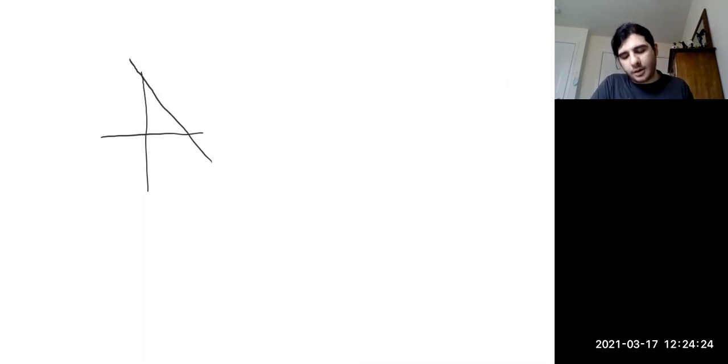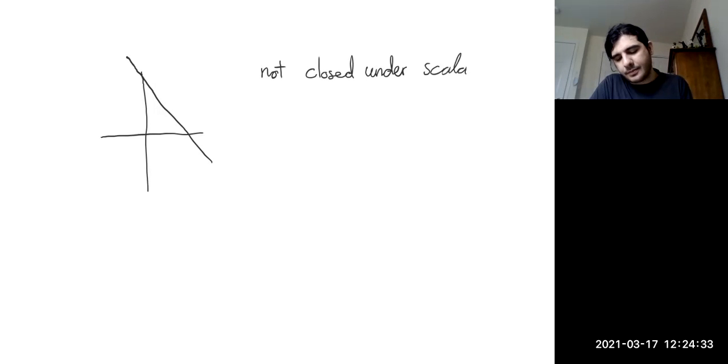There are a few interesting things. One is that when I have an affine space, we noticed it's not closed under scalar multiplication. Is it closed under addition? If I take two vectors here, is the sum here? Let's see.